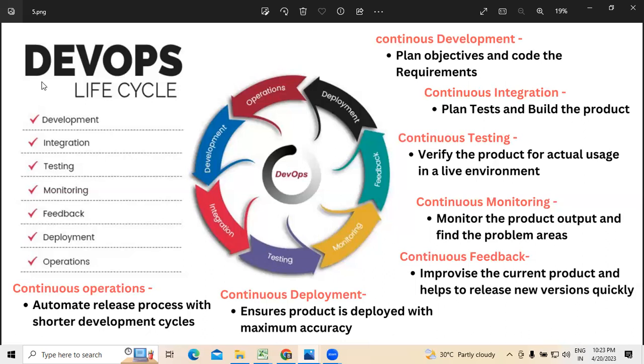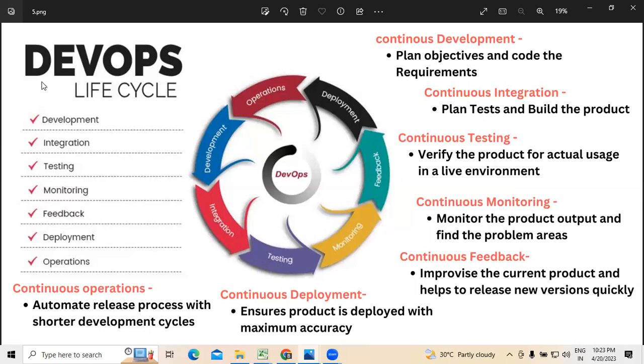So based on the monitoring process, whatever problems we have identified will go back to the feedback team. From that feedback, it goes for continuous deployment of the product in the client environment. Followed by deployment, the operations team will be releasing short iterations to the customer through this development lifecycle.